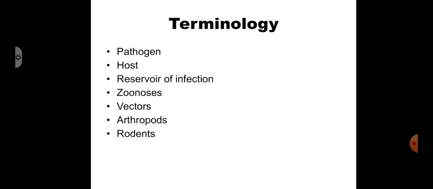Arthropods are invertebrate animals like insects, ticks, or crustaceans that have a segmented body and jointed appendages. And rodents are small mammals. Can you tell me some examples? They can be rat, mice, guinea pig, hamster, etc.